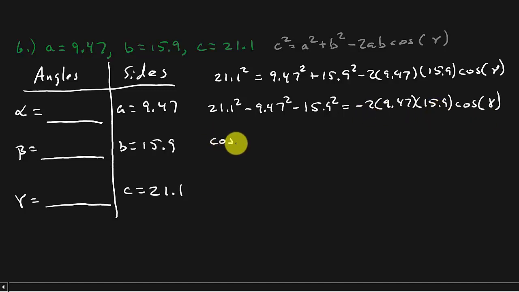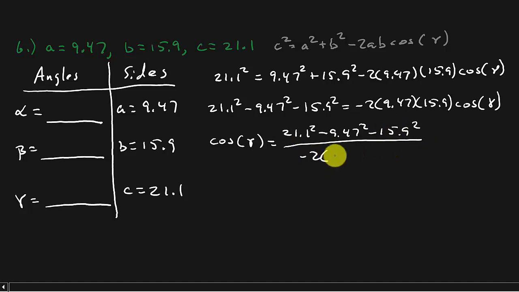So cosine gamma is equal to 21.1 squared minus 9.47 squared minus 15.9 squared over negative 2 times 9.47 times 15.9.